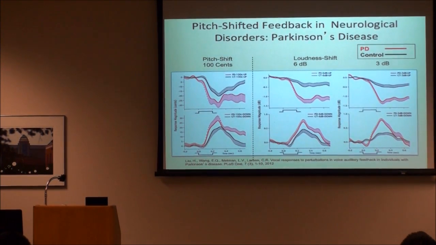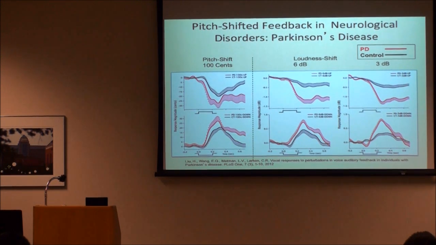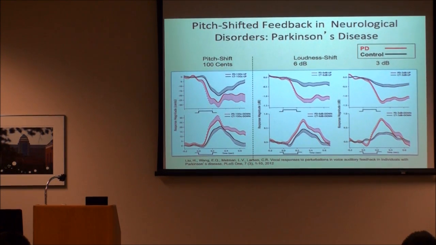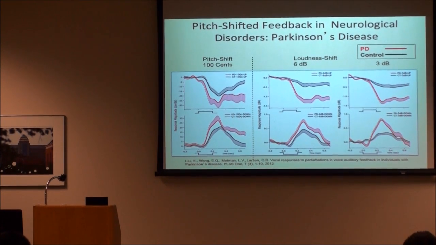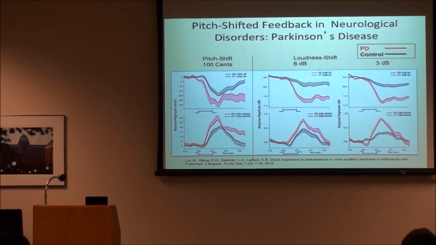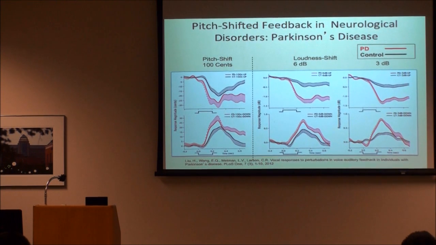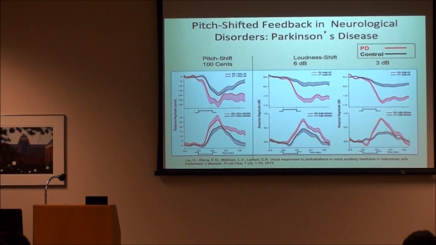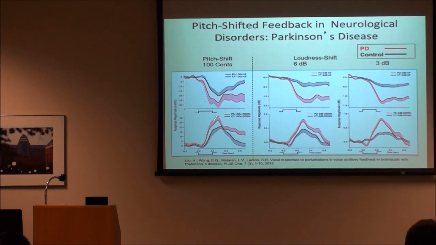Okay, now we've also begun doing some work in neurological diseases. Here are data from subjects with Parkinson's disease. And what you see here are, well, first of all, on the left, responses to pitch-shifted feedback, but we've also done work by shifting loudness of feedback, which you see on the right.